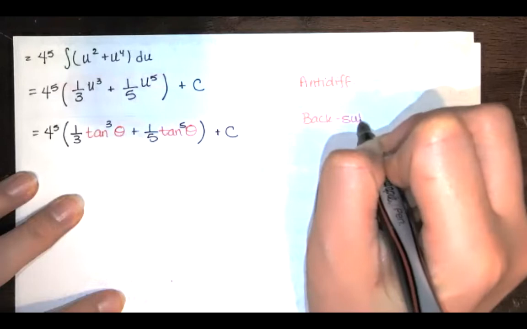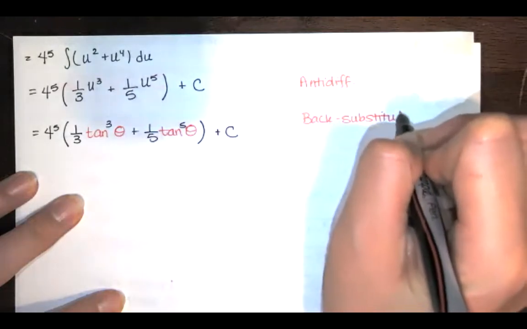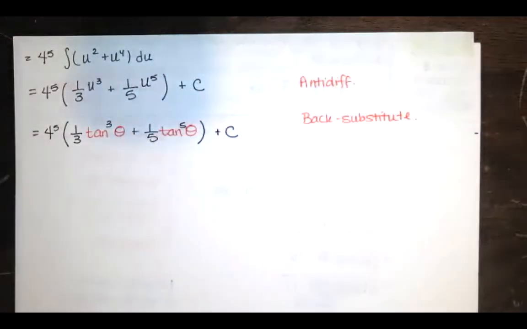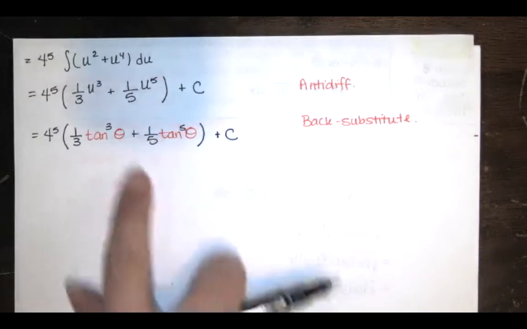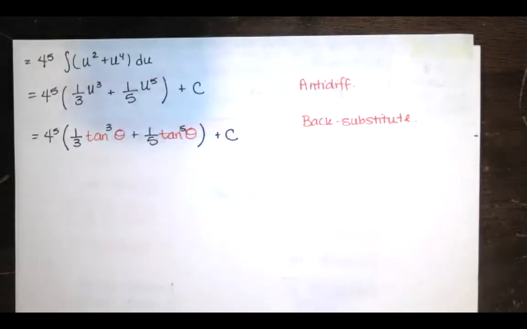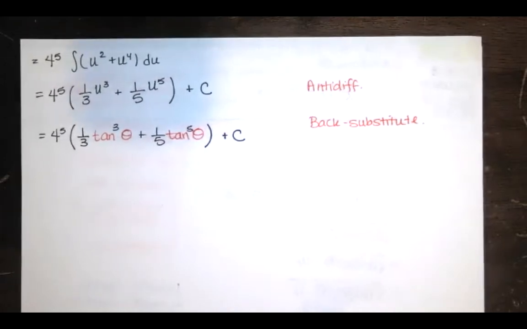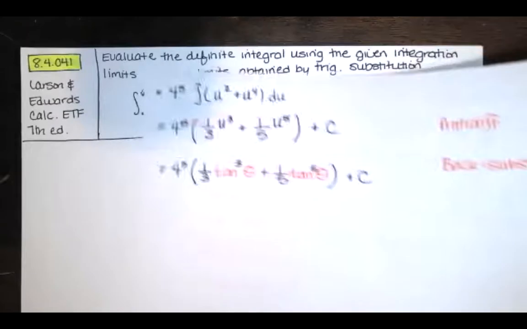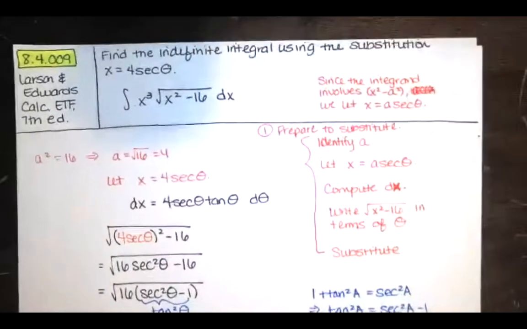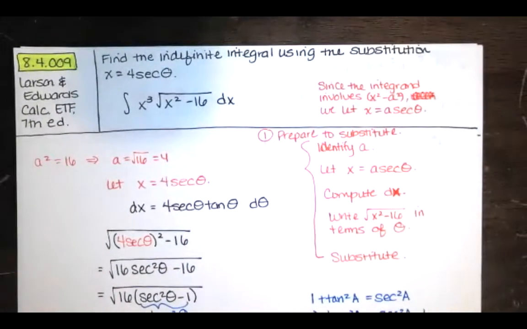Now, if we were in 8.3, we would be done. This is the answer. Of course, we would want to simplify that 4 raised to the 5th power. But we're not in 8.3, we're in 8.4. And remember, tangent of theta was just a substitution that we made up in order to evaluate the original trigonometric substitution integral.